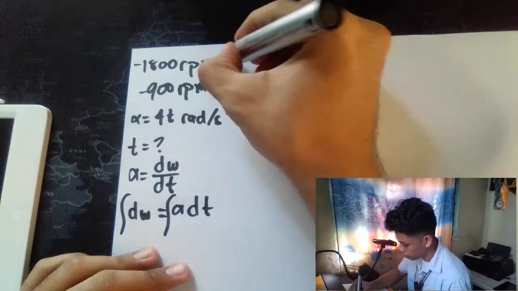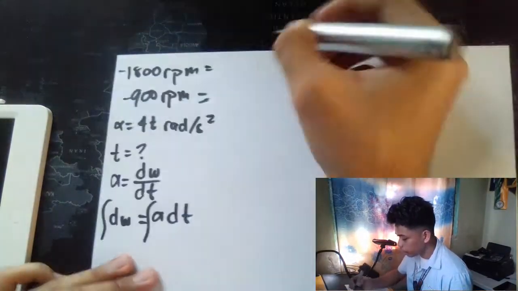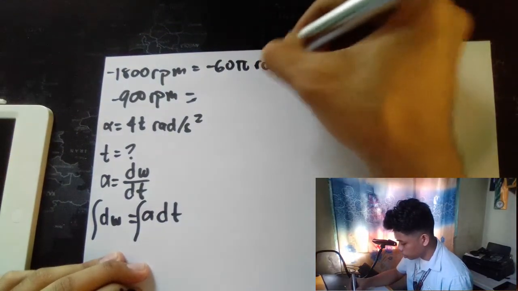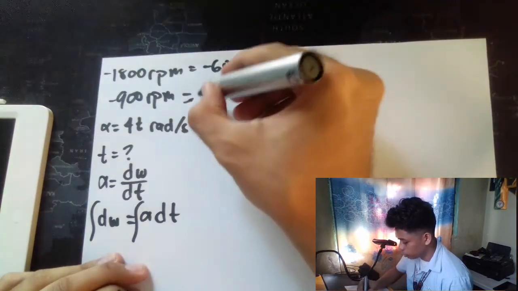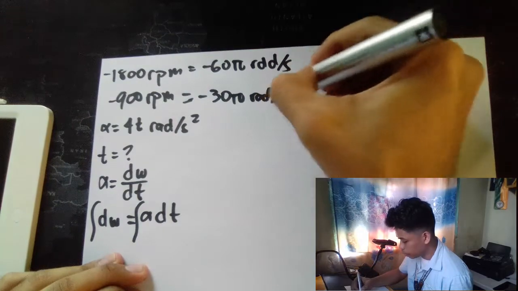The 1800 RPM becomes negative 60π rad per second, and the 900 RPM becomes negative 30π rad per second.